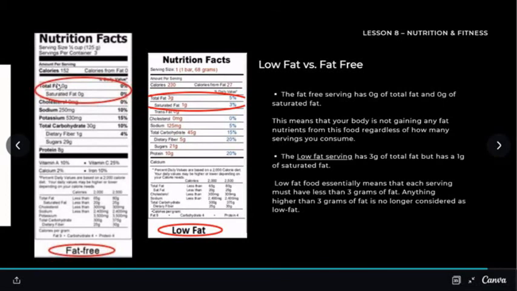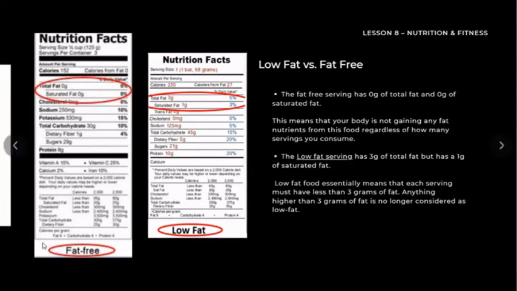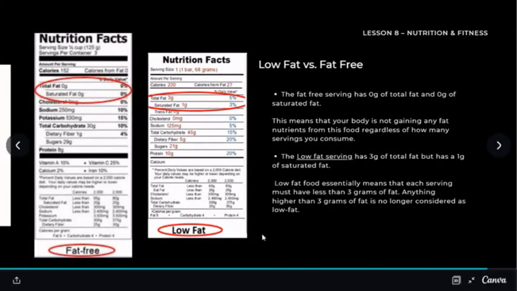So for you to check, you're going to check if 0 total fat, okay, check. 0 saturated fat, check. Then this is fat free. So this means that your body is not gaining any fat nutrients from this food regardless of how many servings you consume. Then we have the low fat.